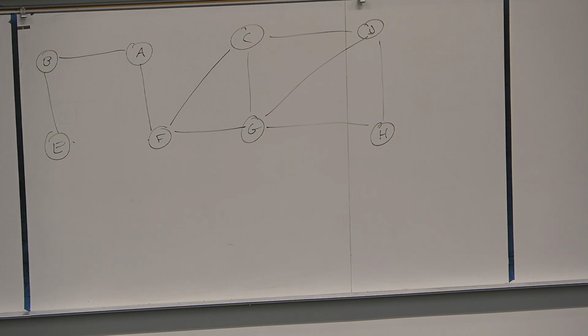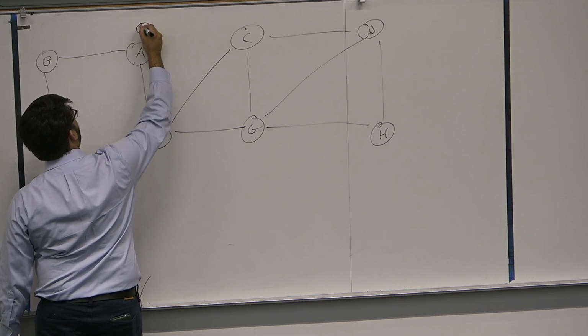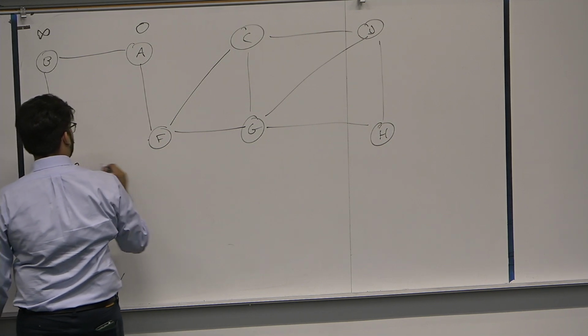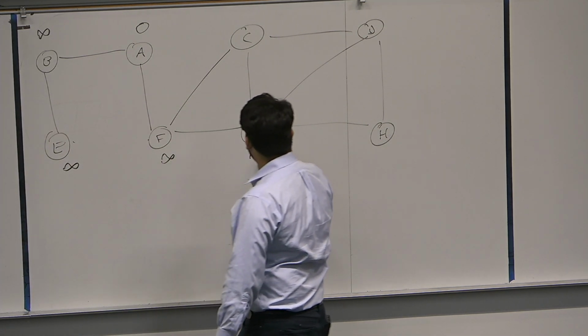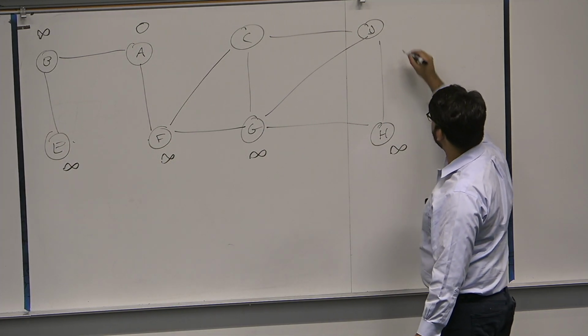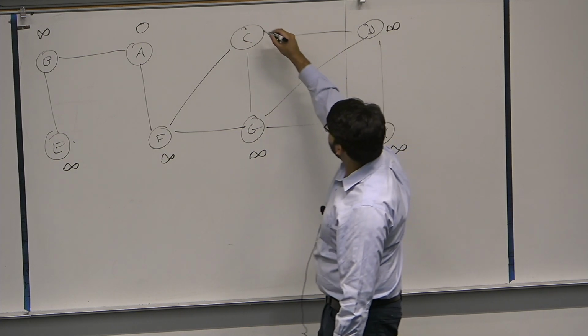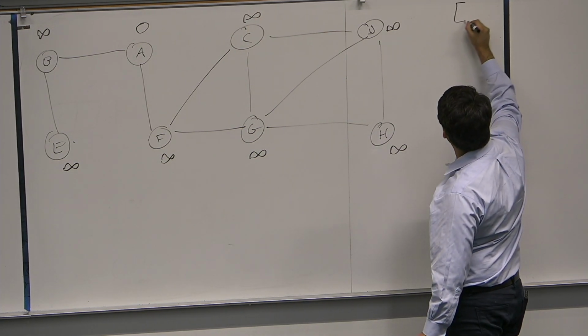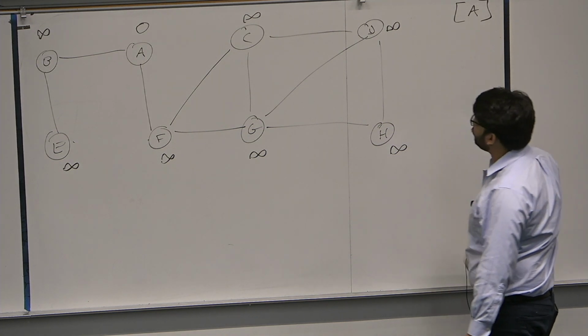And again, ties are broken alphabetically and so on. And let's just assume we're going to start to compute the single source shortest path from A, right? So what we're going to do is update each vertex's distance value to be 0. A is going to be 0, but each other vertex is going to have its distance value set to be infinity. The queue will begin with simply A in it. It's initialized with just A.